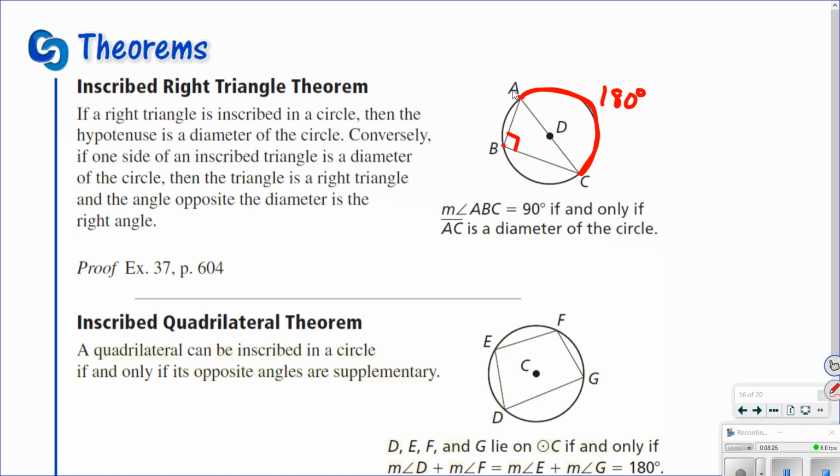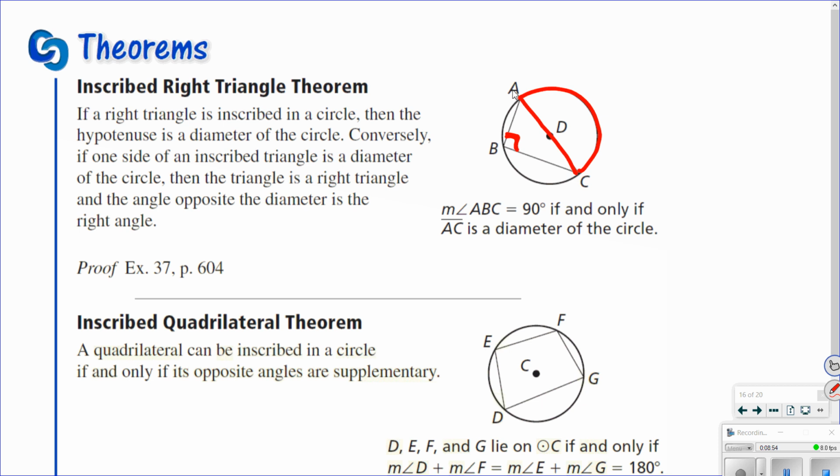If this is going to be a 90-degree angle, then this has to be the diameter because the arc it goes with has to be a semicircle. Because 90 times 2 is 180. This has to be 180 over here. So a right triangle inscribed inside of a circle, the hypotenuse will always be the diameter of the circle, right? And that gives us this 180-degree arc over here, which gives us that 90-degree angle. So that's your first theorem.